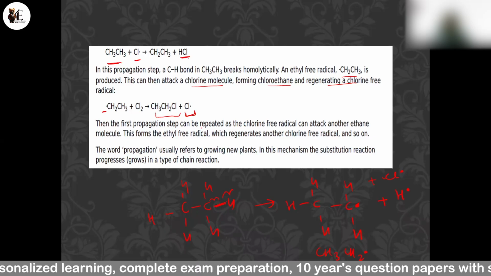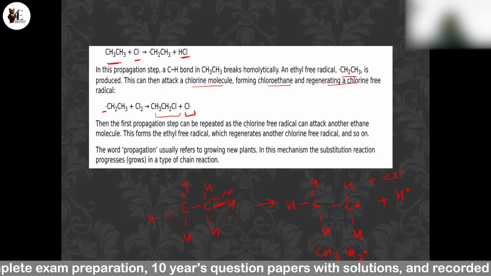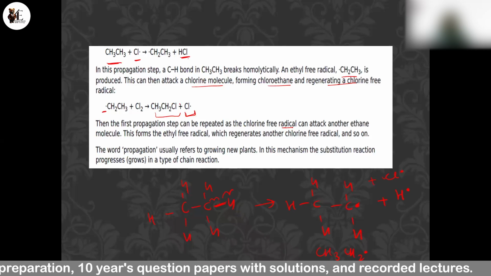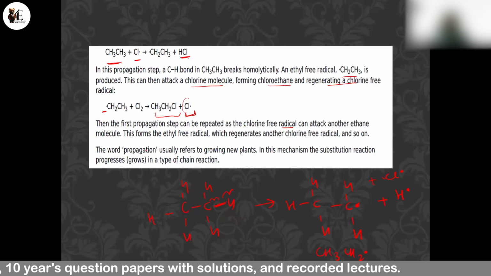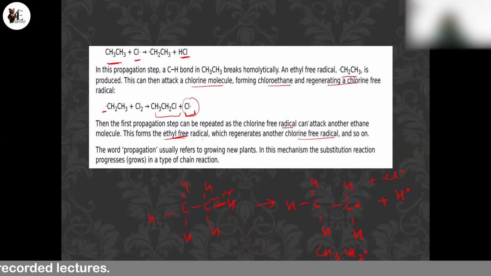Then the first propagation step can be repeated, as the chlorine free radical attacks another ethane molecule. This again forms the ethyl free radical, which regenerates another chlorine free radical, and this process continues. That means this process propagates in steps.